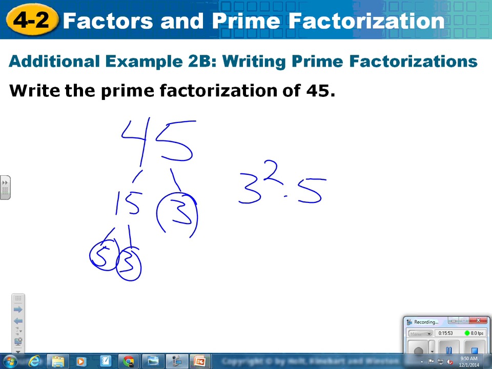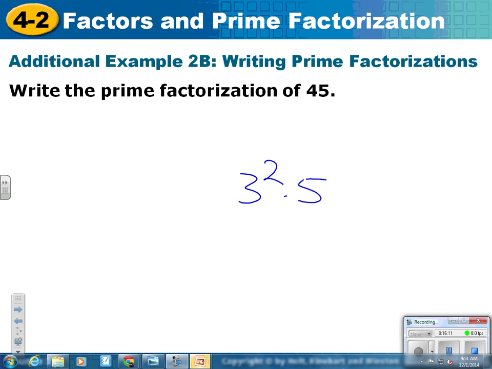Now, I also want to show you guys something, a mistake. I'm going to do it in red so that you see that it's a mistake. I don't want you to do it, but I saw some of you starting to do this. You got this 45 down, and then you did this. And then you did 9 and 5. And then you did this, 1 and 5.